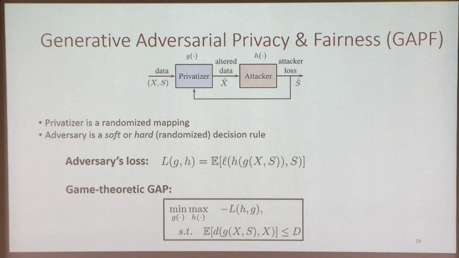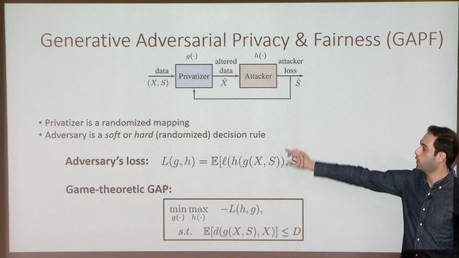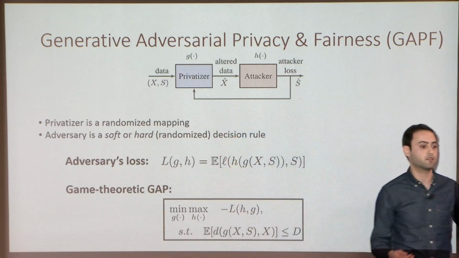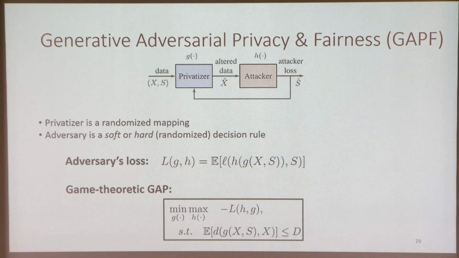Yeah. So now this constraint is important because I want the representations of the data to be as close as possible to the true thing. So I'm measuring some distortion between G computed on XS, which is X hat, and the true X. And I'm trying to make sure that the expected distortion is below some threshold.